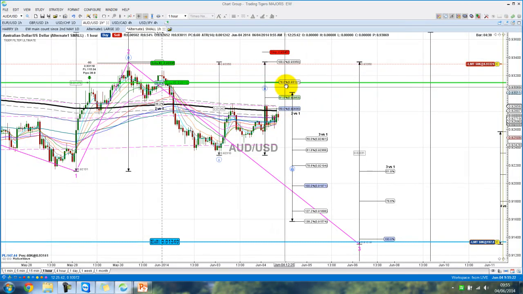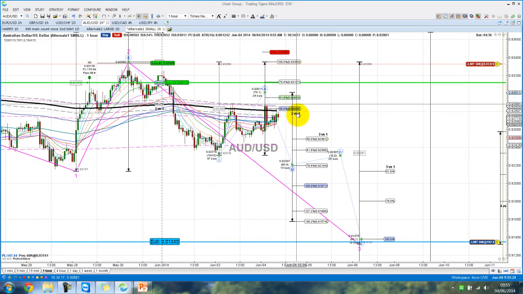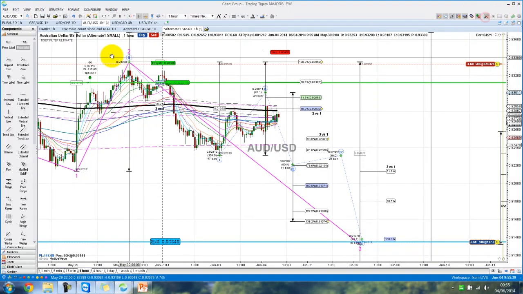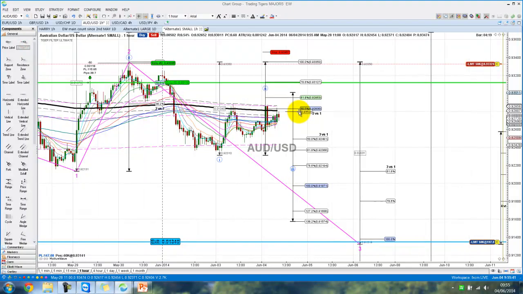Take it at the 78.6 level, just in case price does come back up, or you could take it at the 50% level where the black line is here, which probably would be a little bit better. If I put a marker here for you, then you can see exactly what I'm talking about.